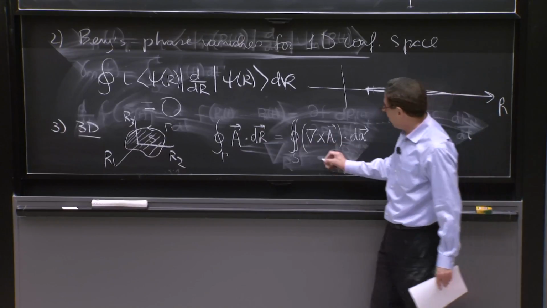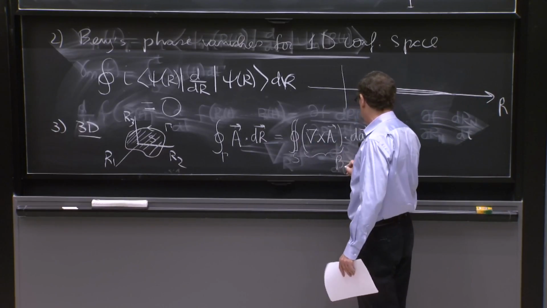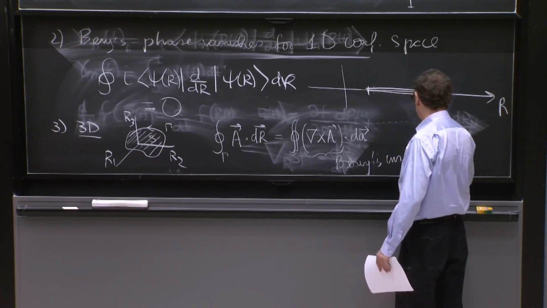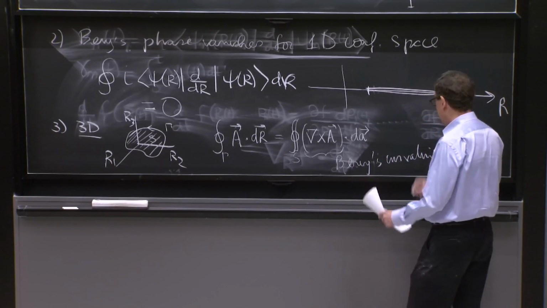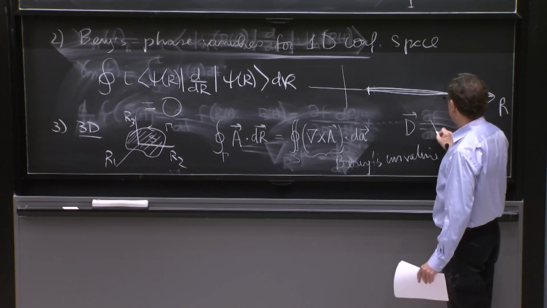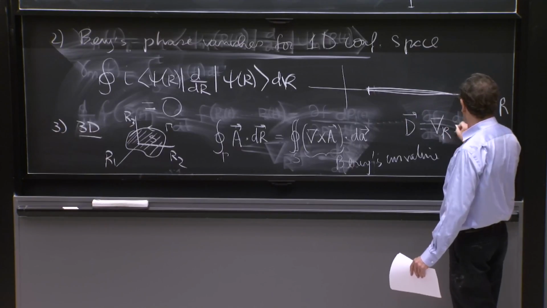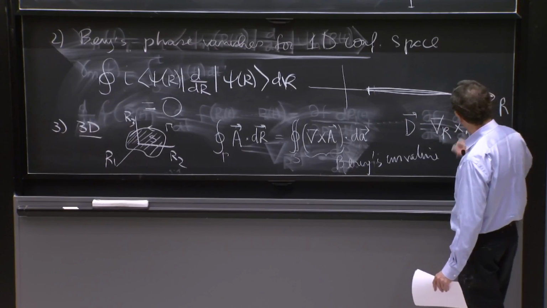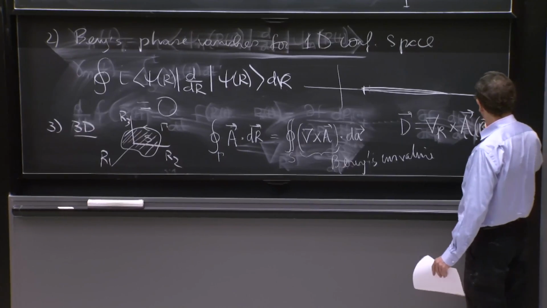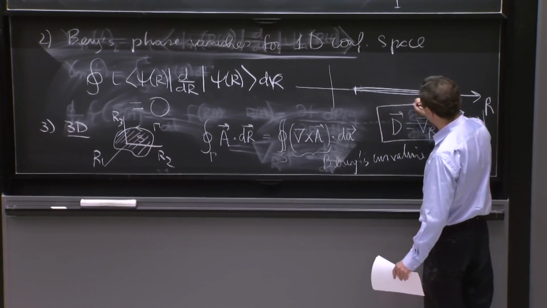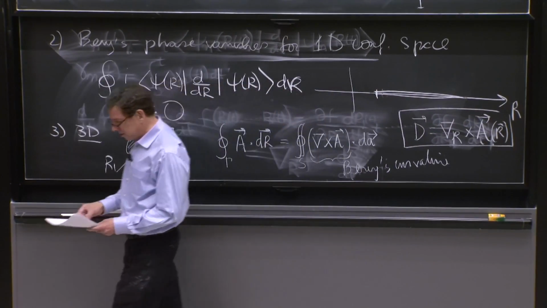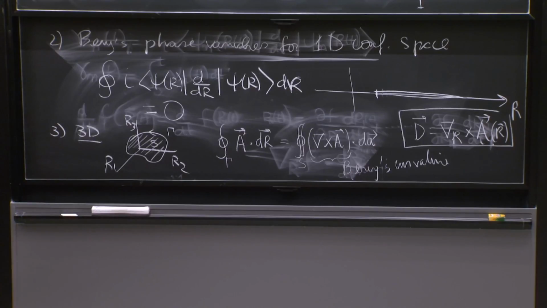So this is called the Berry's curvature. So the Berry's curvature, people go with D, is the curl with respect to R of the Berry connection, A(R). It's kind of the magnetic field. So it's the integral of D over that surface. So they're nice analogies.